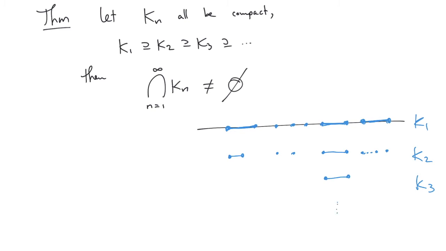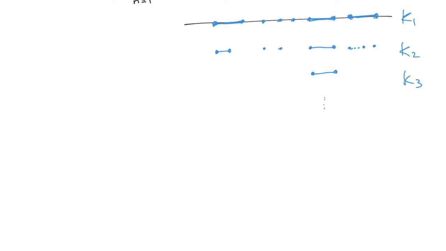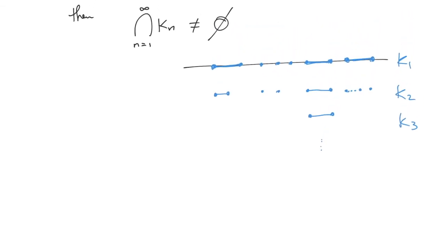Now, how are we going to find a point in the intersection? You have to say, when I take the intersection of all of these, there is some point going to be left over. In the case of the nested intervals, you look at the endpoints and you take the sup of all the left endpoints or the inf of all the right endpoints. That was the idea for the nested intervals. It's a little harder to do something like that here.